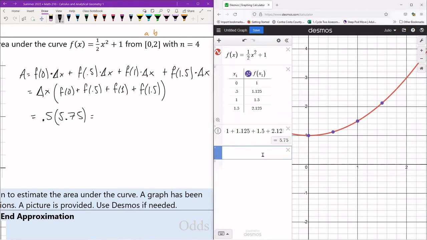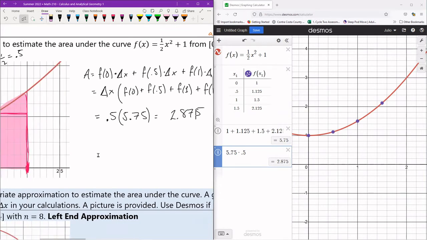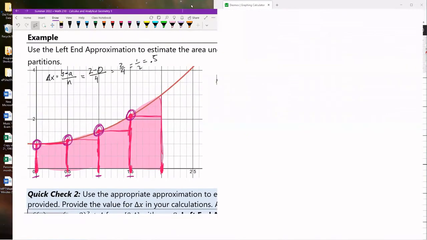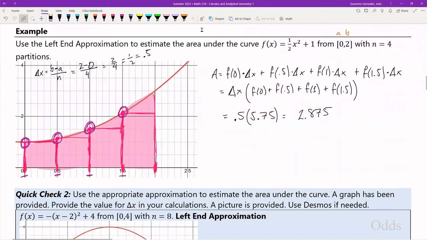So then I'm going to grab this next spot right here, 5.75 times 0.5, and that gets me 2.875. Okay. Let me go ahead and come back to here. So this right here, the 2.875, this is an approximation using these areas right here, up to here.